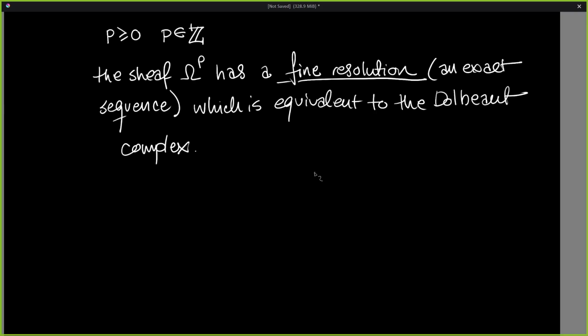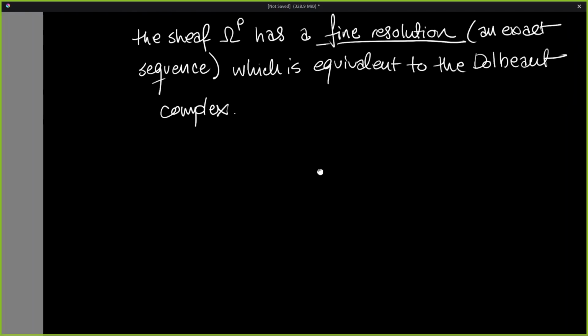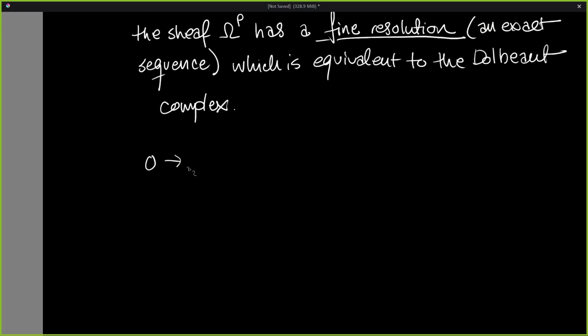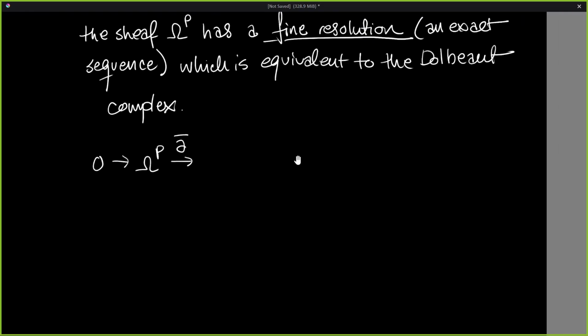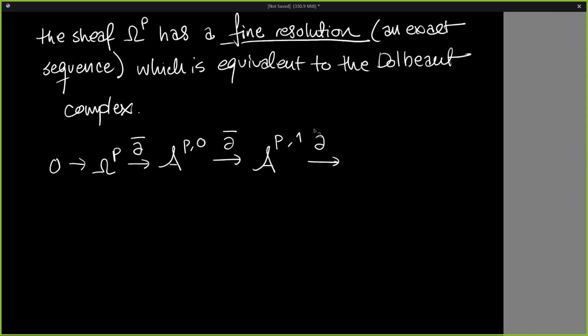And it looks like this: 0, omega p, partial bar. I'm going to define these in a moment. P1, partial bar, dot dot dot, partial bar, 0.